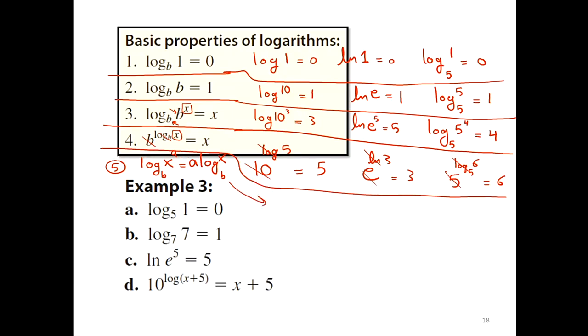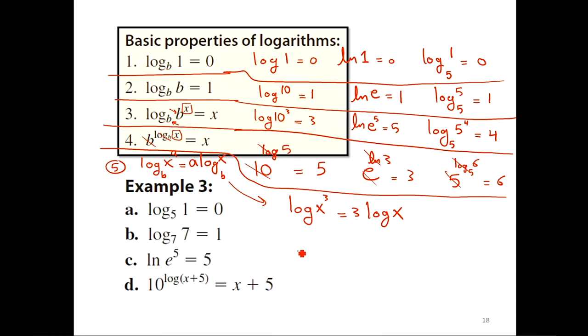For example, if we have logarithm x to the power 3 to base 10, so we have 3 log x, like this. We can convert 3 from exponent to multiply with the logarithm.